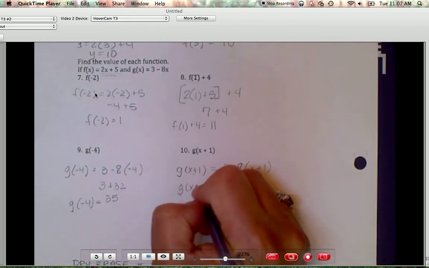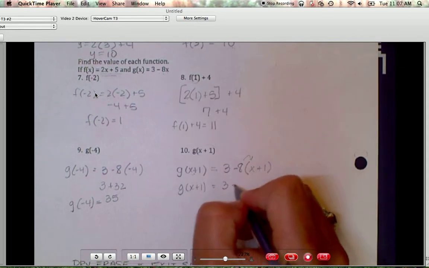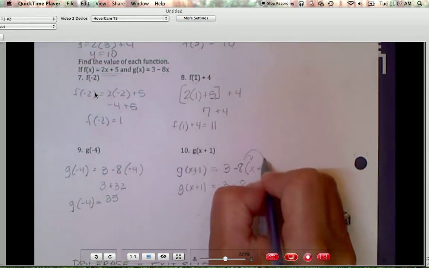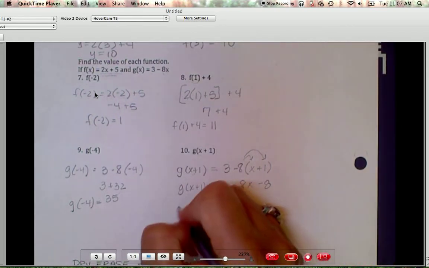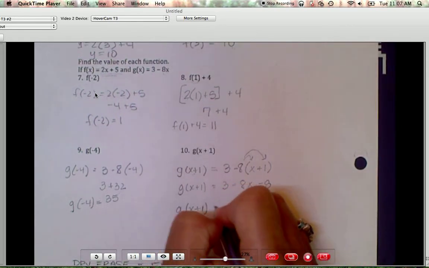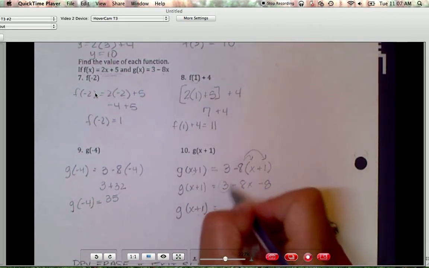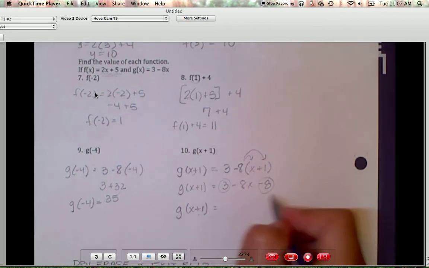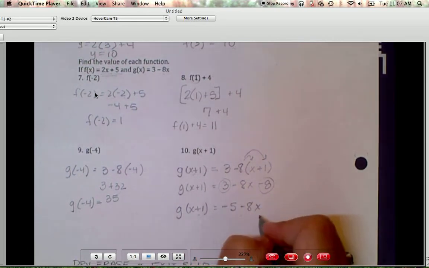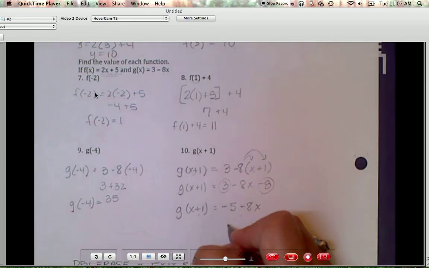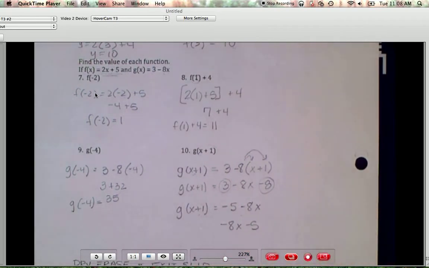So g of x plus 1 equals 3, following the order of operations, minus 8x minus 8. Then simplify what you can. The 3 and the negative 8 can be simplified, so we get negative 5 minus 8x. You can also switch these around and it would still be right: negative 8x minus 5.